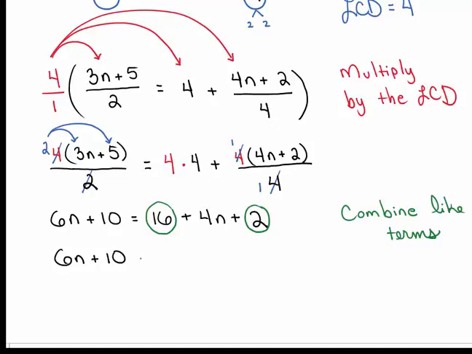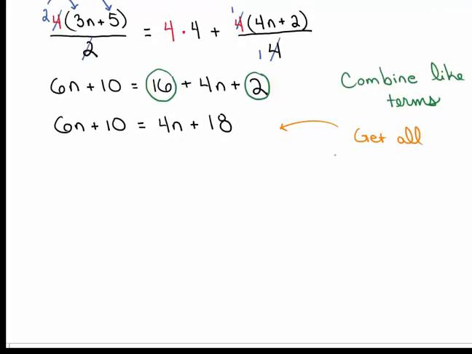So 16 plus 2, that's going to give me 18. So I'll write 4n plus 18. And now that I have combined my like terms, I need to get all of my variables to one side of the equation and get all of my constants to the other side of my equation.